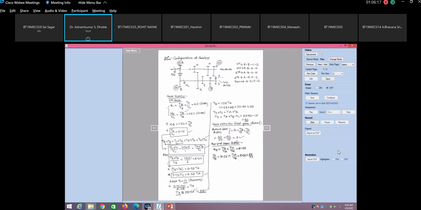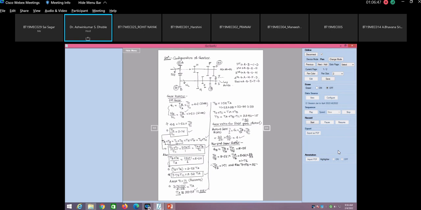So this comes out to be 1.71. So you know that TF by TE comes out to be 1.71 and also TF plus TE is equal to 55. So for E and F, you have 55.